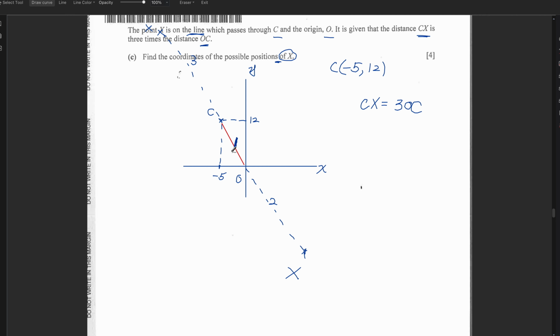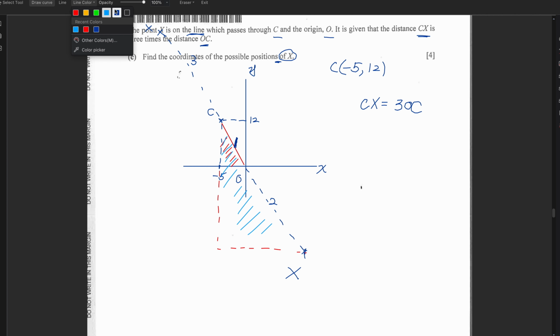CX is 3 times OC, that's the difference. Let me change color to red. If I link up this right angle triangle, you can see this triangle is similar to the outer triangle.